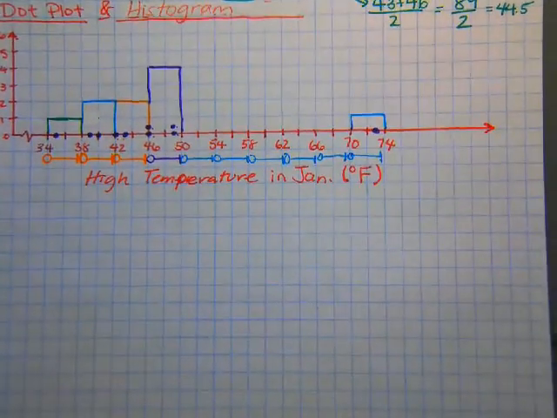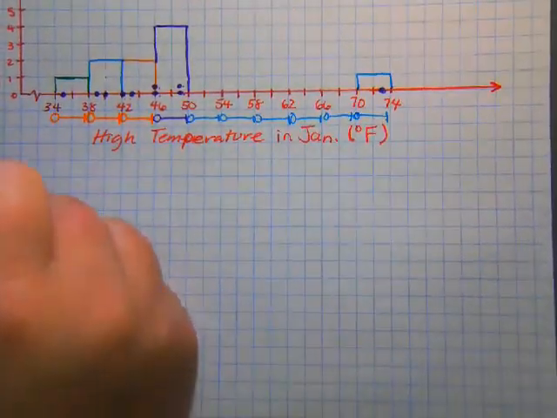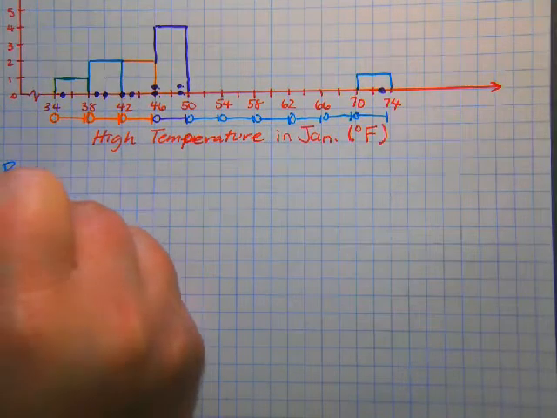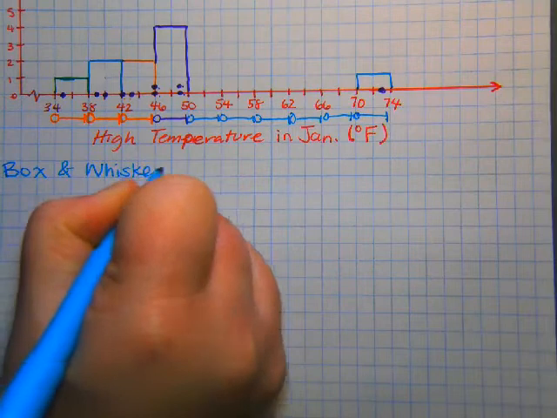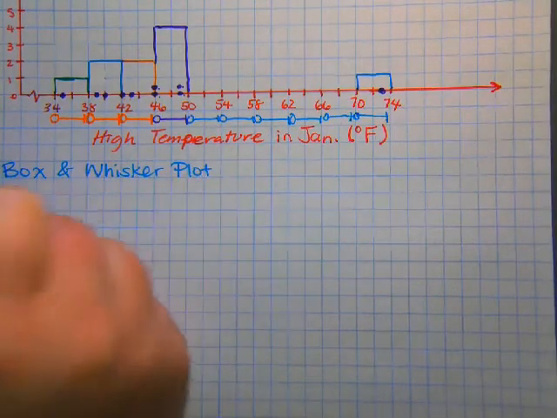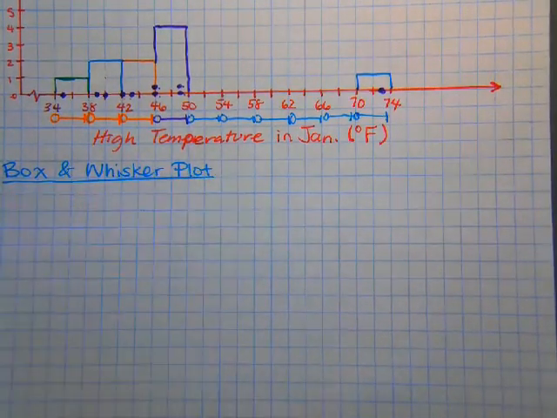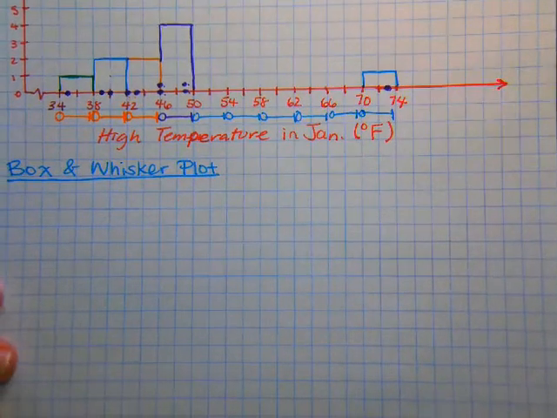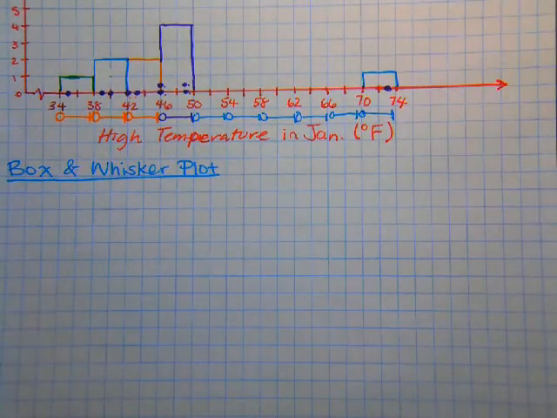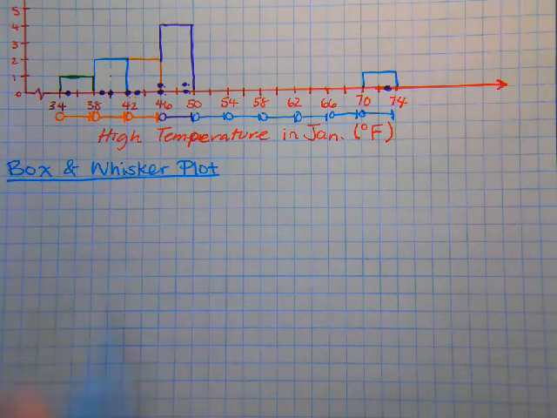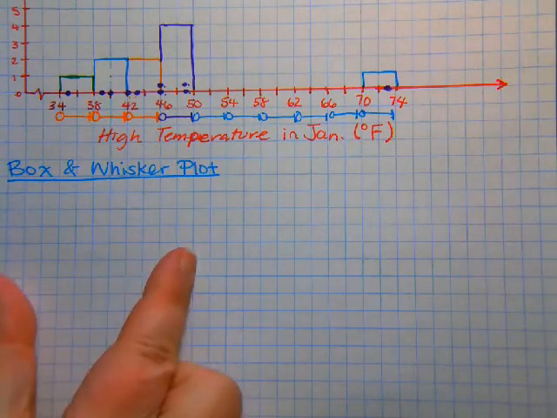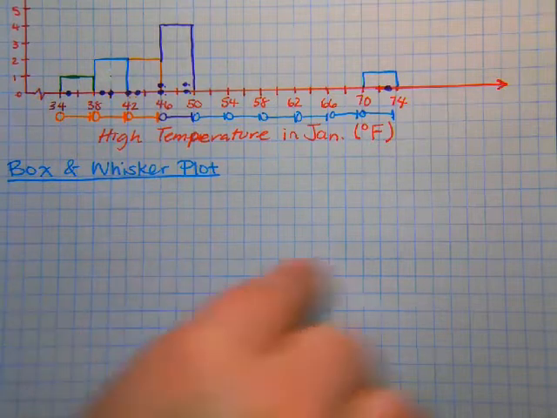So for the box plot, we again want to have a number line because it needs to be evenly spaced out. Okay. Now, I know I saw some that were like this wide. You need to spread that out, okay?